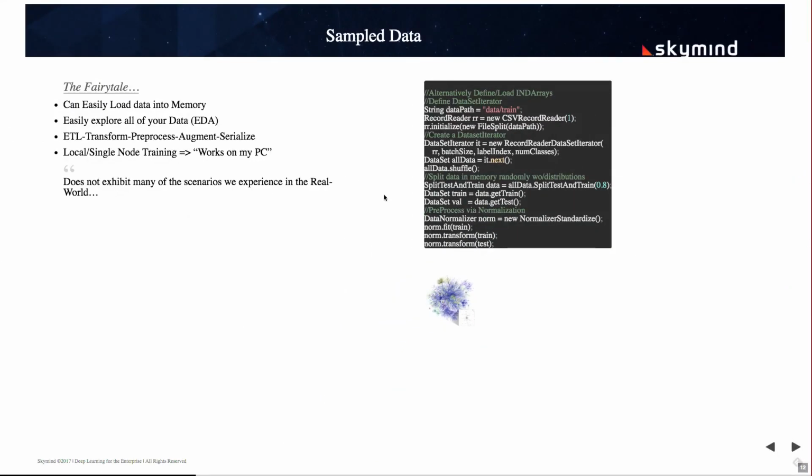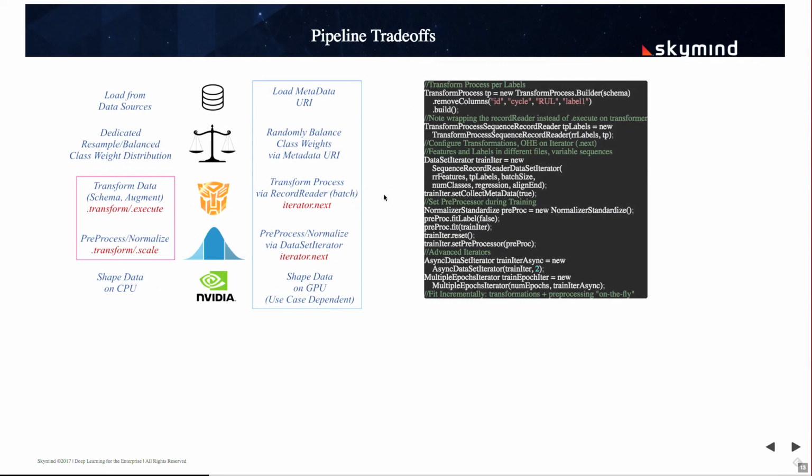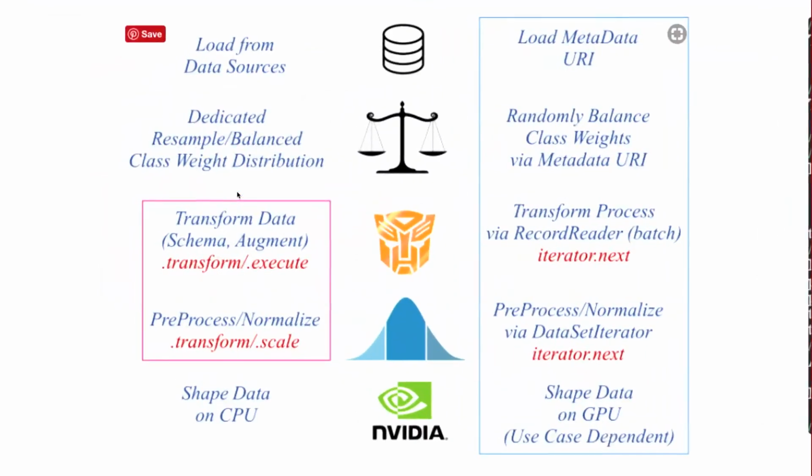But when you want to scale to the next level above that, you have two other sides of it. On the left-hand side, you still have the same idea: you load in, resample it for equal weight distribution, and then you might do a transform or execute. But you get that back right away. Instead of doing that, shaping it on your CPU and pre-processing it, I propose the approach on the right, where you load the metadata and do the balancing.